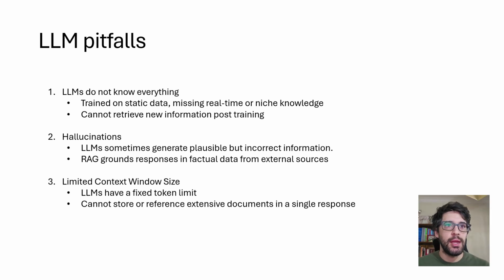And the third point that I want to mention is that LLMs have a limited context window size. Basically, when you're interacting with these LLMs, they only process a maximum fixed number of words or tokens. And this varies from model to model. So what happens if you have an extensive conversation with these LLMs and then you ask them what was the first question?